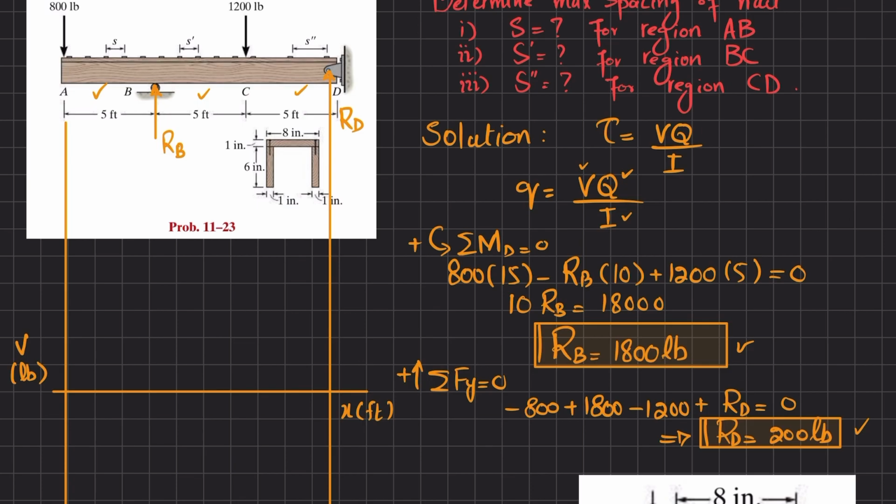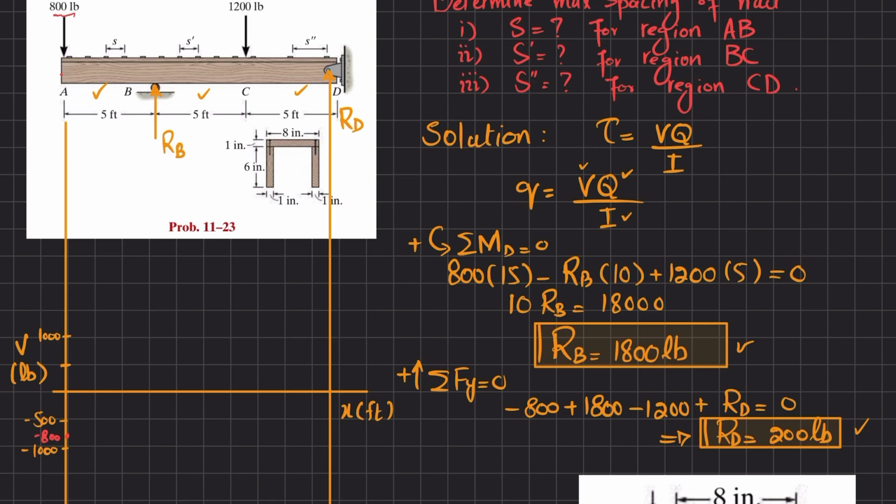Let each division be taken as 500, so this will be 1000 pounds, and similarly minus 500 and minus 1000 pounds. Now at point A you have minus 800, so minus 800 will be somewhere here.